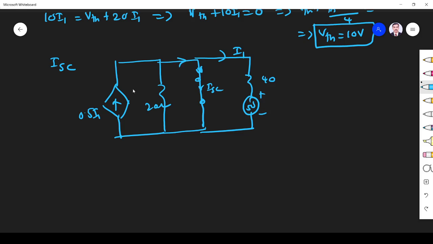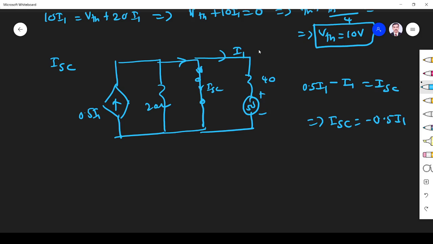Here, what is the incoming current? Incoming current is 0.5 I1. Out of it, I1 goes to this branch, so 0.5 I1 minus I1 is equal to ISC. So the remaining thing is ISC. This implies ISC is equal to minus 0.5 I1.